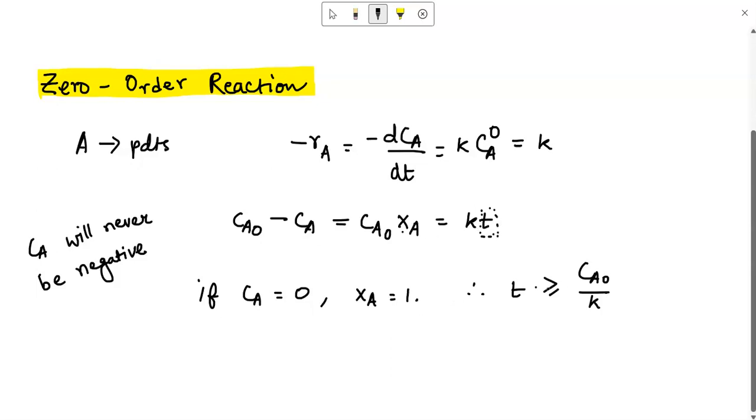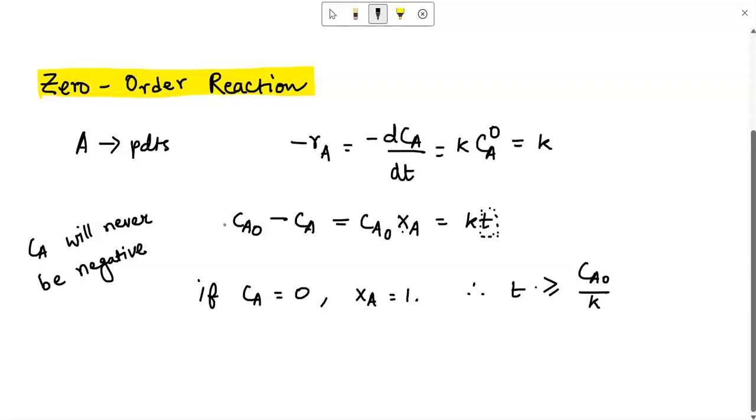Then you will get that at time CA0 by k, the concentration of A goes to 0. That is, all of the raw material has been exhausted for the reaction.